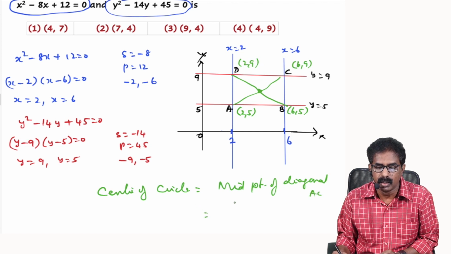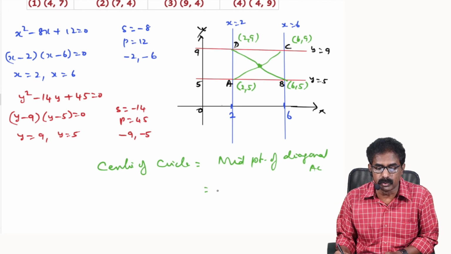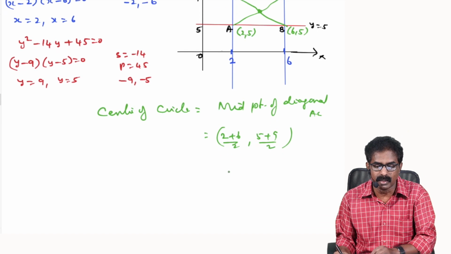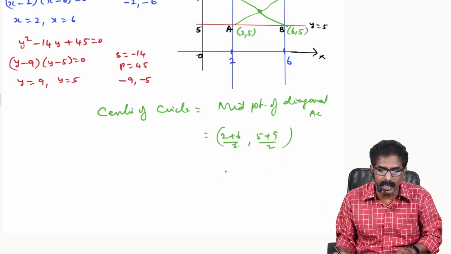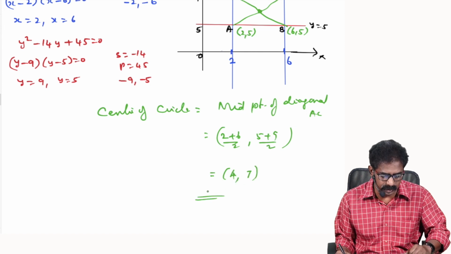What's the formula for midpoint? (x1 plus x2) by 2, (y1 plus y2) by 2. So (2 plus 6) by 2, (5 plus 9) by 2. You'll get the same answer with BD. 2 plus 6 is 8, by 2 it is 4. And 9 plus 5 is 14, by 2 it is 7. So that's the answer for this question.